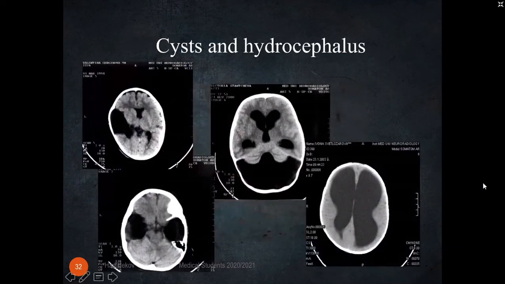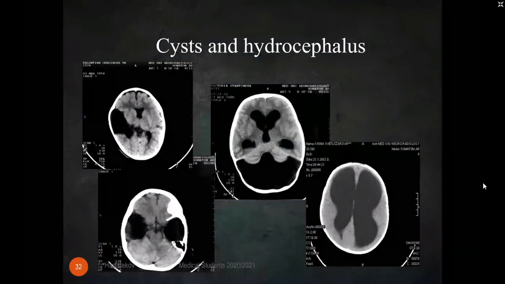Inside of the brain, we can observe different types of cystic lesions. When a patient has been operated, we can have an image of some kind of cystic lesion, not only after traumatism, but also after some ischemic infarction.